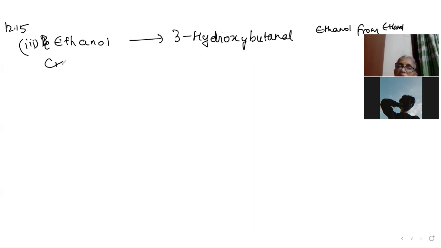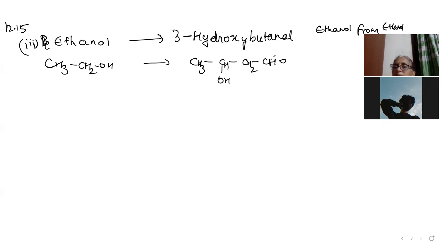So ethanol, CH3CH2OH. Okay. What is the right side one? 3-hydroxybutanal. How will you write? 4 carbons. At 3 position hydroxy. Butanal. Is it not an aldol?